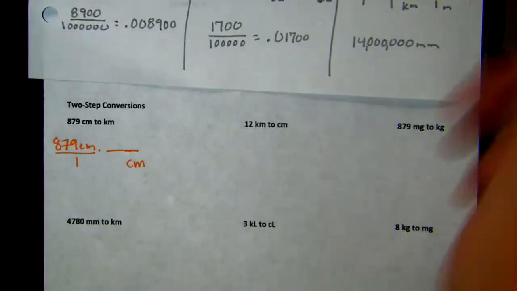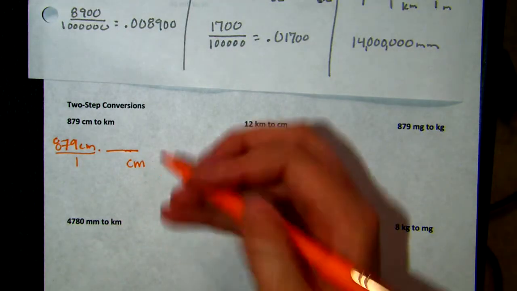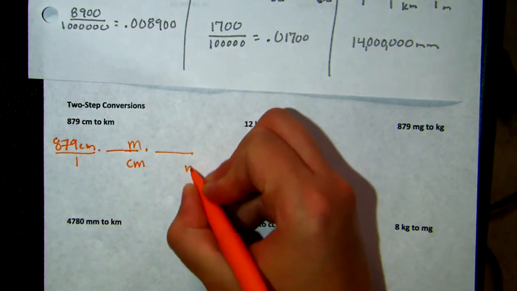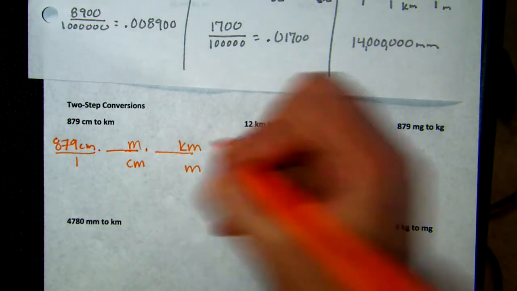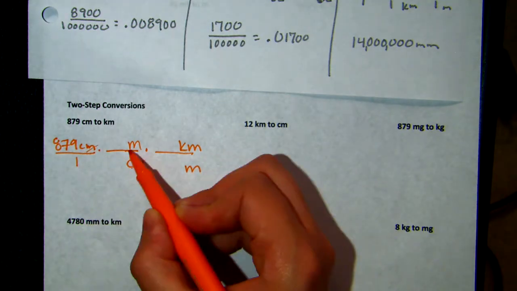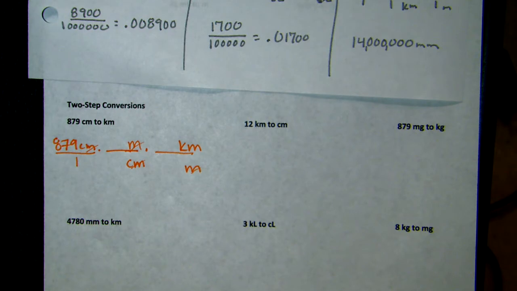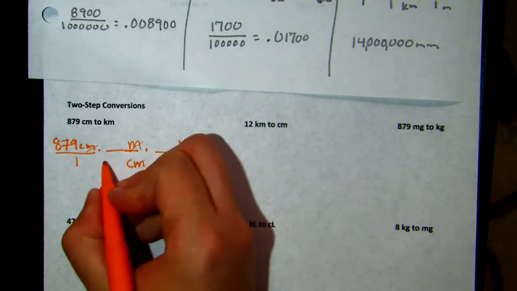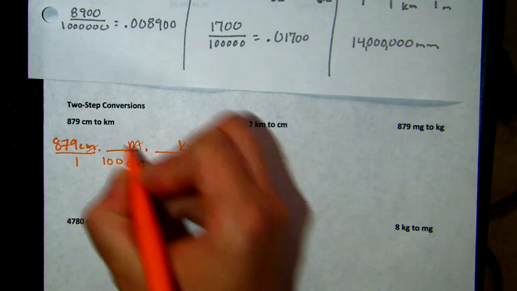So here, going from centimeters to meters, I said. And if we have meters on the top, I'm going to want meters on the bottom and get to kilometers. So let's see if we can cancel. I can cancel centimeters with centimeters, meters with meters. So I'm feeling pretty good about my placement. So how many centimeters are in a meter? We know that there are 100 centimeters in 1 meter.